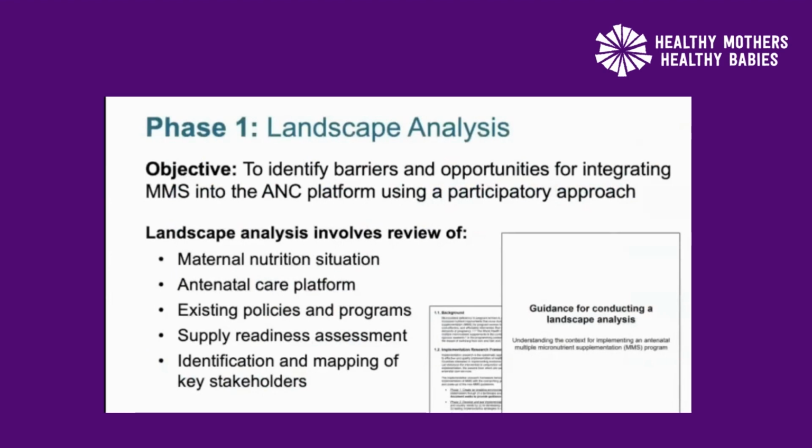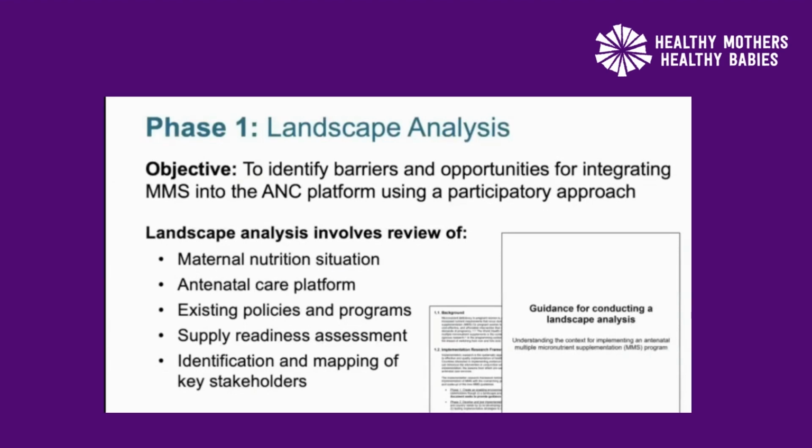Now, I will be talking about each of the 3 phases. Phase 1 focuses on fostering an enabling environment, starting with undertaking a landscape analysis. The objective of the landscape analysis is to identify barriers and opportunities for integrating MMS into the antenatal care platform using a participatory approach.